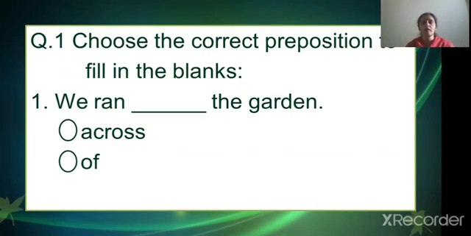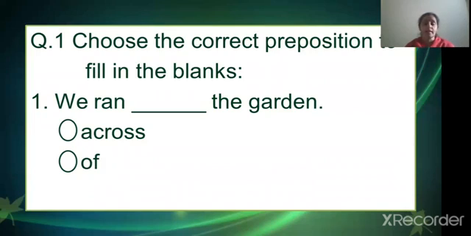Okay, so let's begin. The first question here is choose the correct preposition to fill in the blanks. Sentences are given with blanks. You have to select the correct preposition to fill in the blanks. The first sentence here is we ran dash the garden.